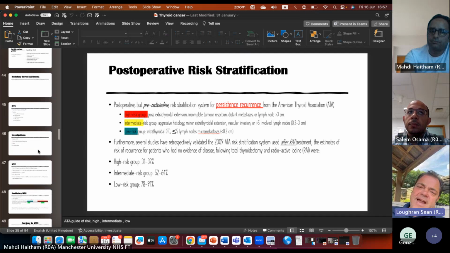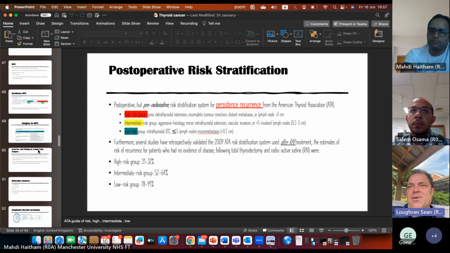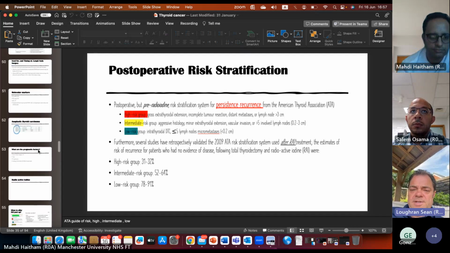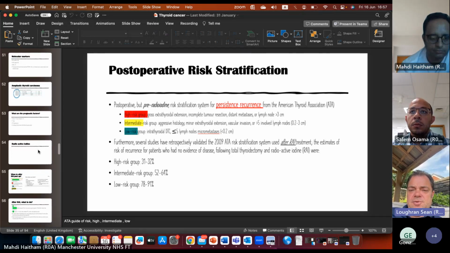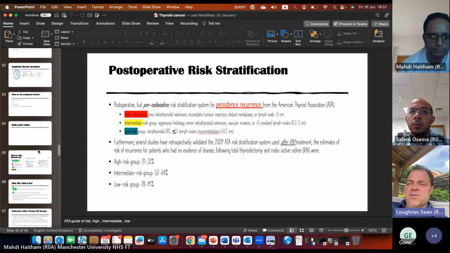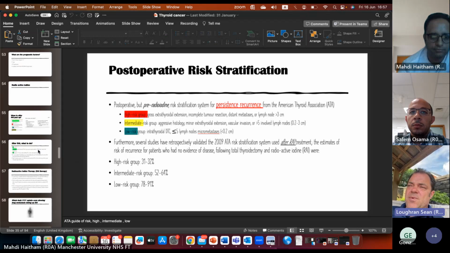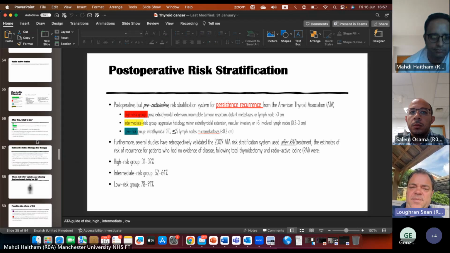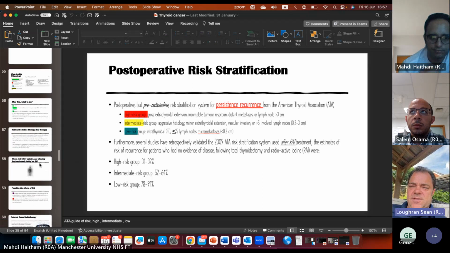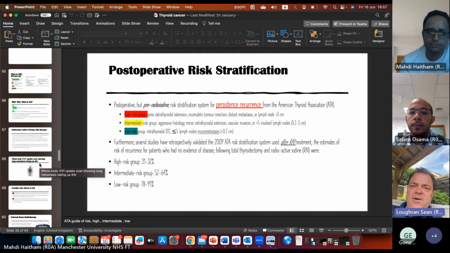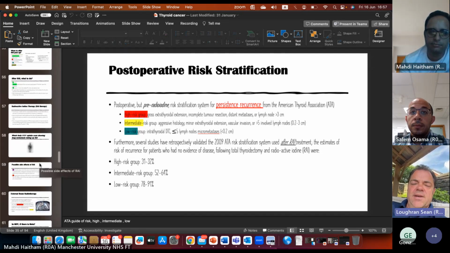For the third, are we likely to fully cure that patient? I think the chances of you doing that are relatively small. If a patient's had recurrent disease after surgery and radioactive iodine, and they've got some visible disease left, there's a high chance that patient will always have some thyroid cancer in the body. It may not kill them, and something else may cause them to demise, but making sure that you never get anything back in that patient is very unlikely, and you have to factor that in whenever you're making any thoughts about how you treat these patients.